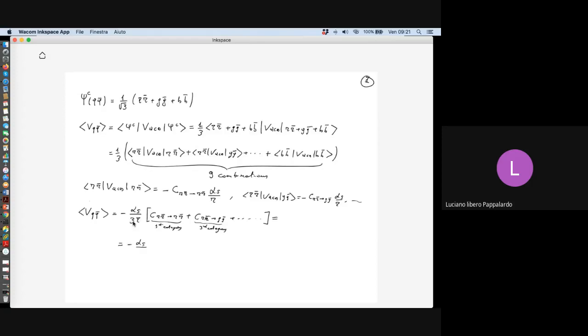So this is minus alpha S divided by 3R, and we have 3 times the color factor for the first category, which was 1/3, plus 6 times the color factor for the third category, which was 1/2, if you remember. So this is 1 plus 3, which is 4. So it's minus 4/3 alpha S divided by R.